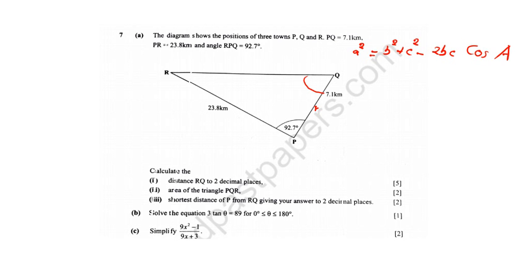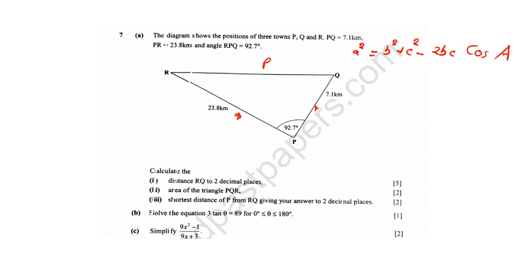So I have a small q there, and a small p on that side. So I can now substitute into my formula, writing it in terms of P, R, and Q.